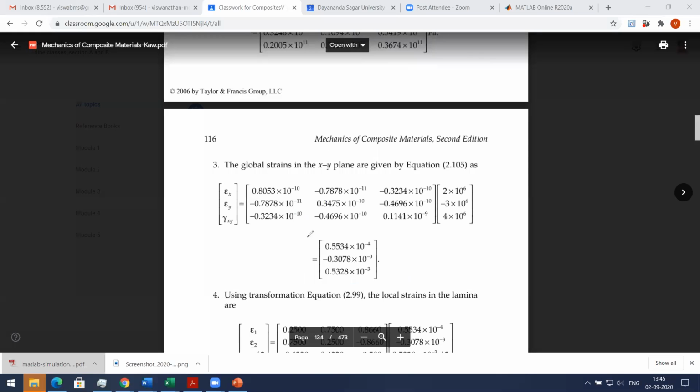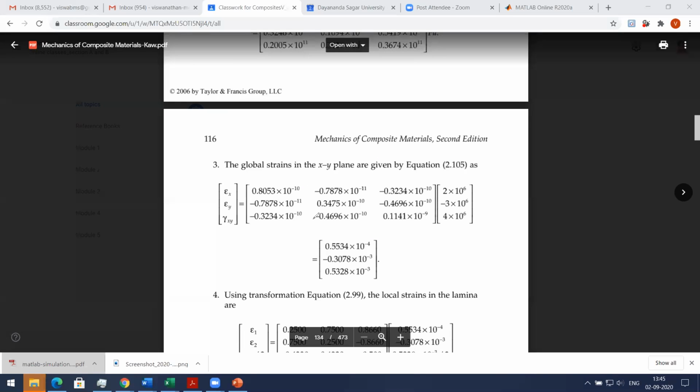This is the compliance matrix, correct? This is the compliance matrix multiplied by the global stresses. Stress values are given: 2 MPa, minus 3 MPa, and 4 MPa. So you multiply with the compliance matrix, you get the global strains, correct? Yes or no? Yes, sir. Okay. So how do you do this?